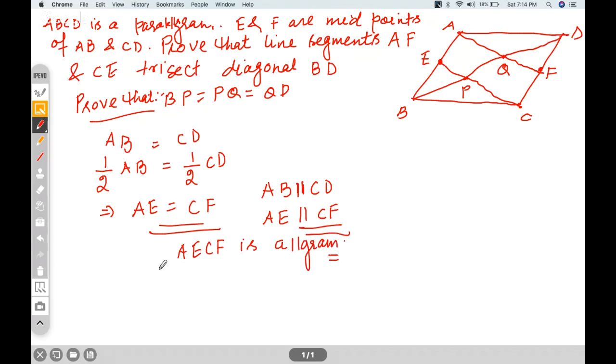If it is a parallelogram, I can say that now the other part AF is other sides. AF would be parallel to EC, or part of AF, which is QF, would be parallel to CP. Remember this. Why am I using this?